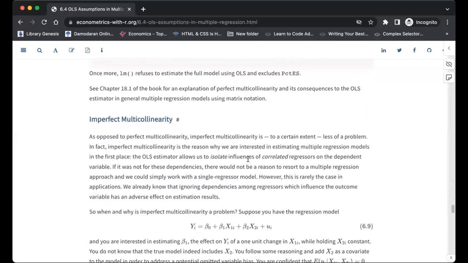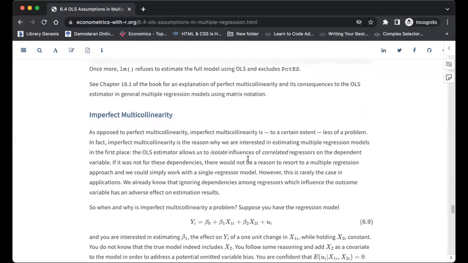So we also have the issue of imperfect multicollinearity, where there is multicollinearity, but it's not perfect. It occurs when two or more of the regressors are highly correlated, but not to the level of being perfectly correlated.